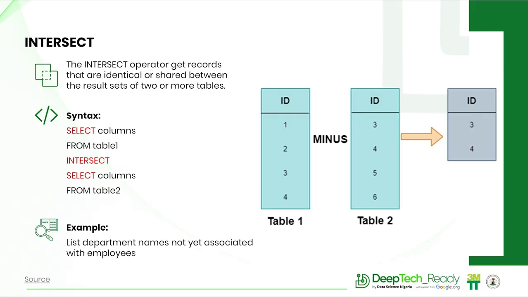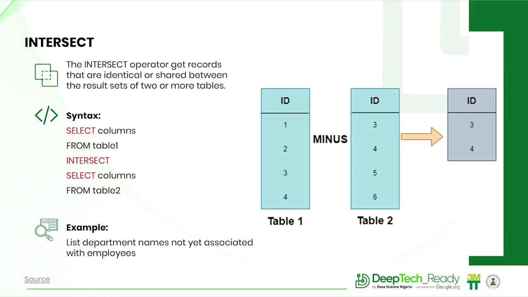Now, when we intersect with the keyword INTERSECT, we have the resulting table showing ID 3 and 4. 3 exists in table 1, 3 also exists in table 2, 4 exists in table 1, 4 also exists in table 2. This is how we use the intersect in order for us to only get identical or shared data between our tables.